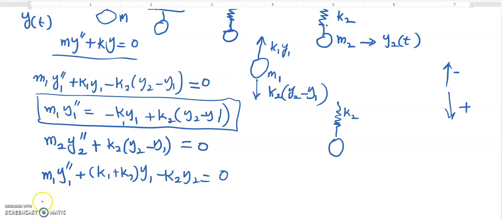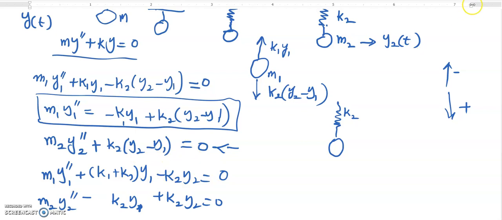From the second equation: m2 y2 double prime minus k2 y1 plus k2 y2 is equal to 0.